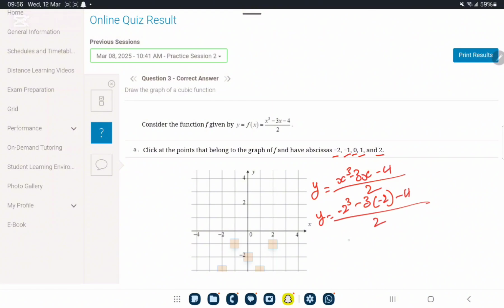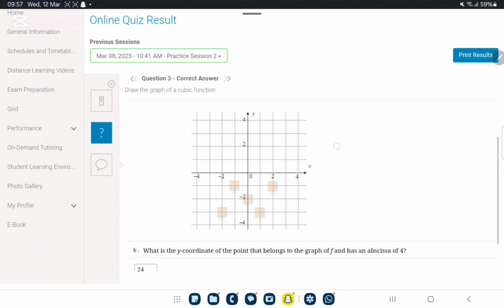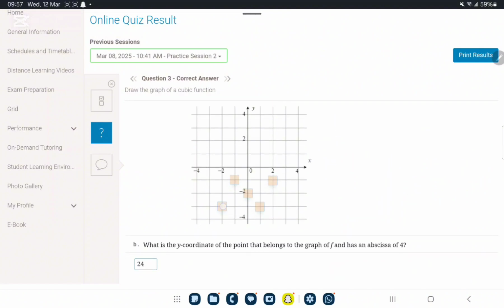Minus 2 cubed is minus 8, plus 6, minus 4, over 2. You simplify, so minus 6 over 2 equals minus 3. So the point is minus 2, minus 3.